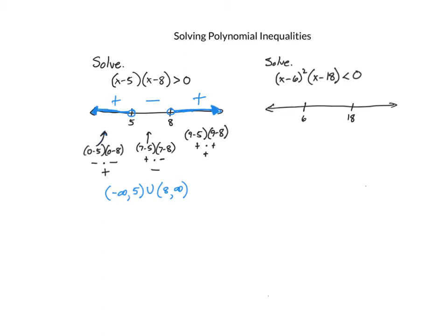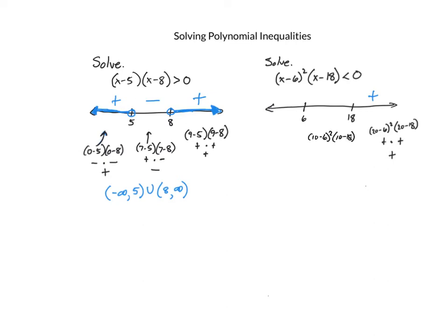I choose a number to the right of 18, like 20. I pop 20 into my factors, and I have 20 minus 6 squared times 20 minus 18. I have a positive number squared, that's a positive, times another positive, and the result is positive. So let me put a plus right here. I choose a number in between 6 and 18. I'll choose 10. So I have 10 minus 6 squared times 10 minus 18.